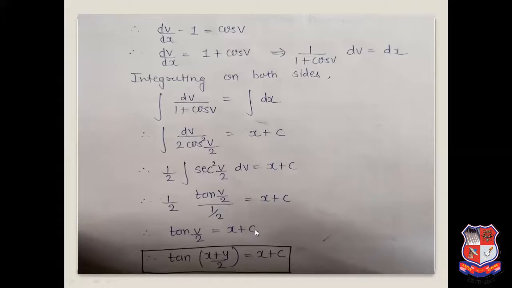But the given equation is in variables x and y, so our answer must be in x and y. Here we substitute the value of v, x plus y equals v. So we can write tan((x plus y) upon 2) equals x plus c, which is our required general solution.